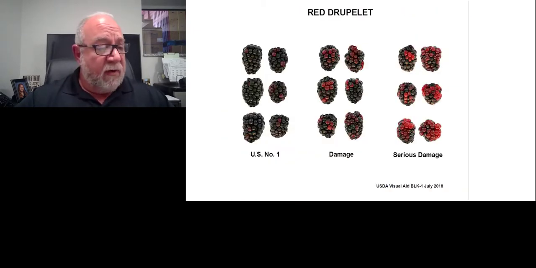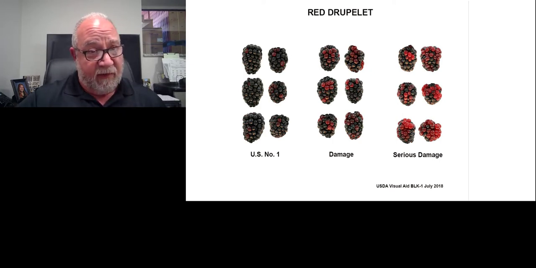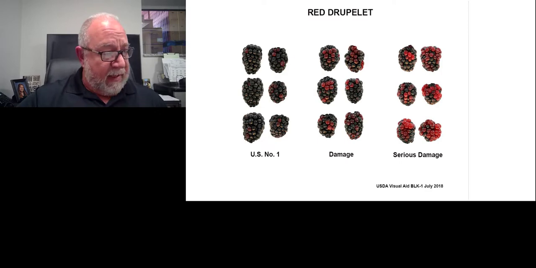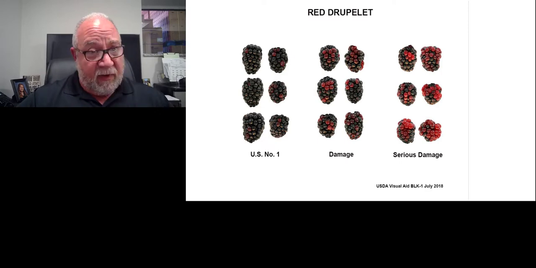And then they also include pictures in this guide. You can see that they still consider US Number 1 the first one to your left, and you can see that there are some red drupelets in there. This is allowable. The one in the middle has some, and of course the one on the right is serious damage, and we can all agree on this.